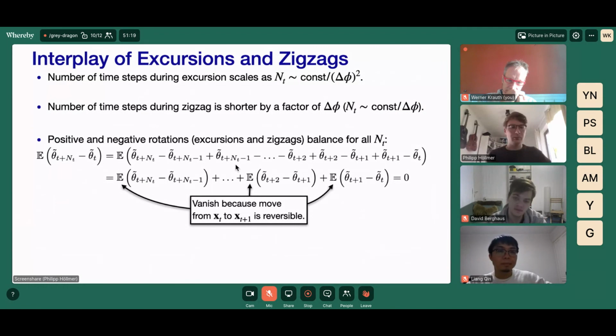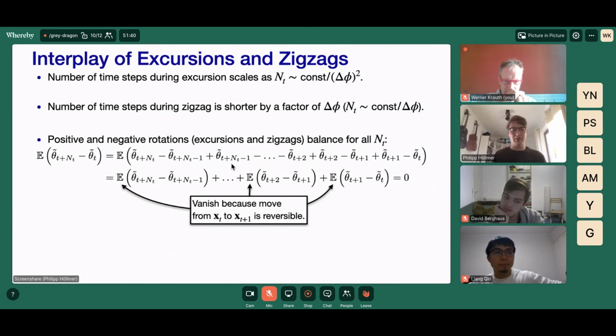At the same time, we know that positive and negative rotations that correspond to excursions and zigzags respectively have to balance. So how do we know this? We know that the expectation of the change of the rotoid dipole angle during nt time steps always has to be 0.